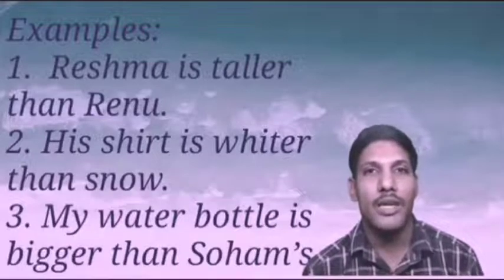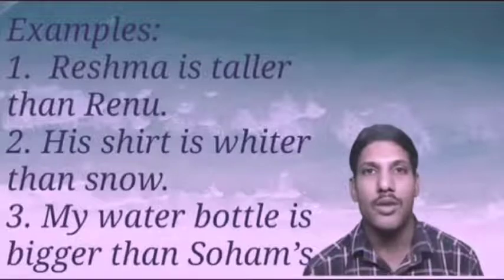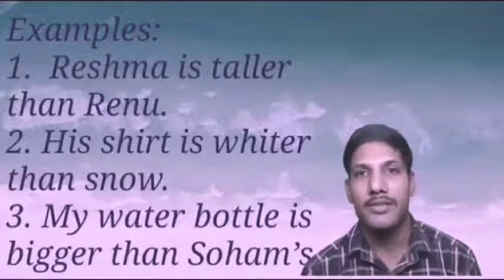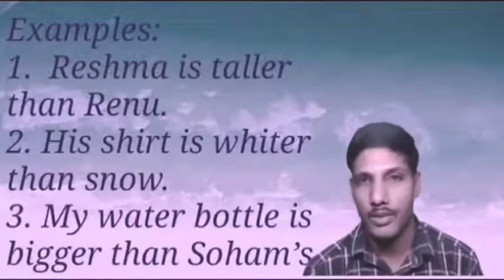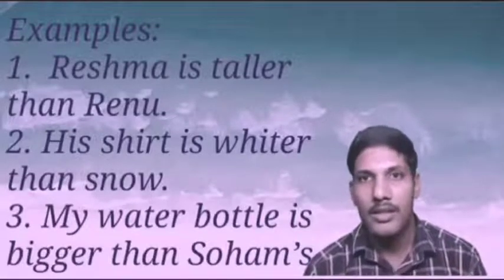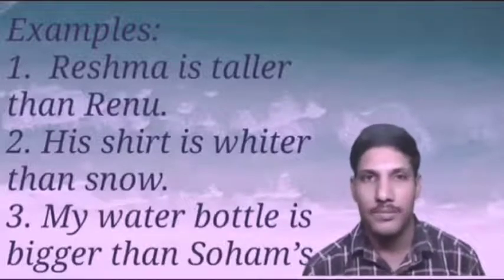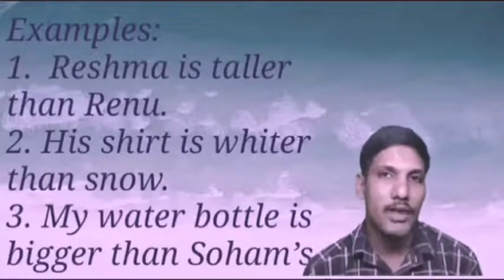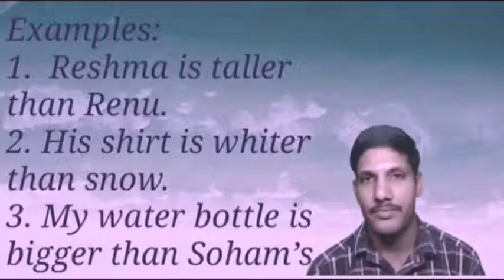Here, we are informed that Reshma is taller, or we can say Reshma's height is greater than that of Renu. Notice that we have added than after taller. This is how we make comparative degree sentences.